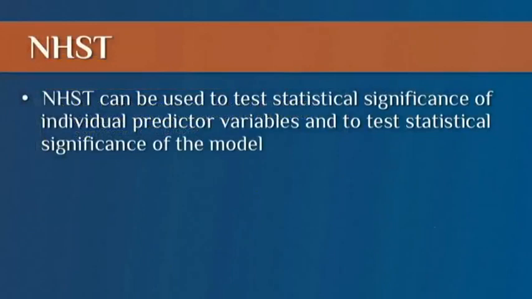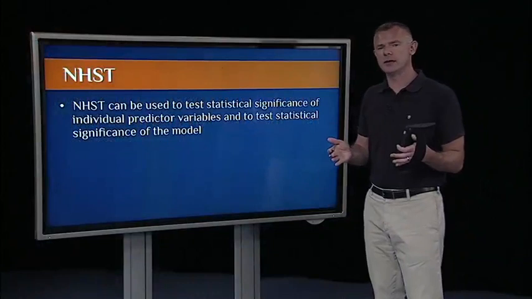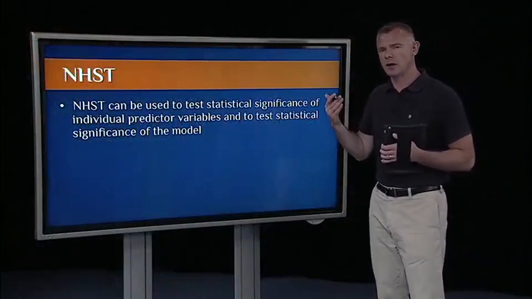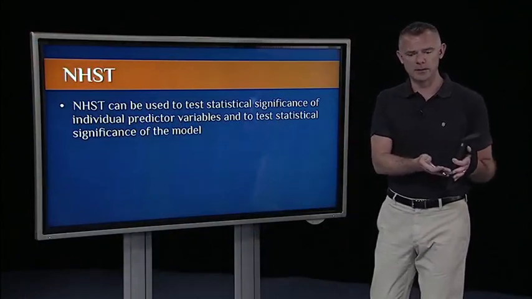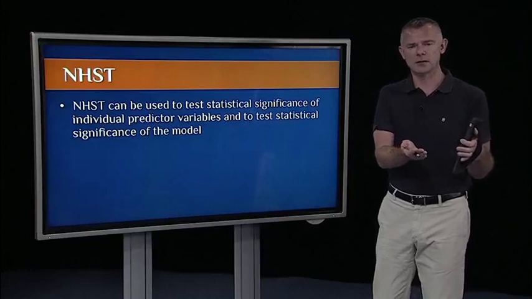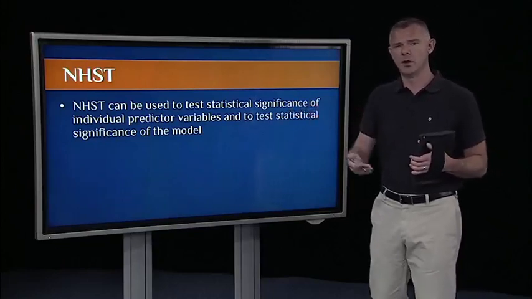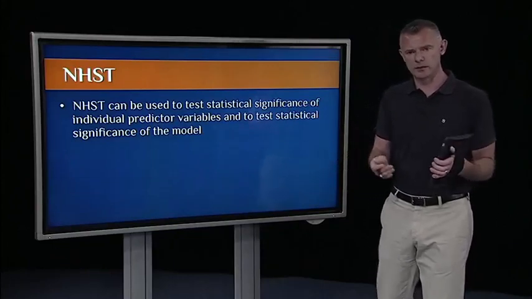You could test the proportion of variance explained, that R squared, to see if it accounted for a significant portion of variance, where the null hypothesis would be that it accounts for zero variance, the alternative being that it accounts for significantly more than zero. Or you could use that to compare multiple models, as we did in several cases.